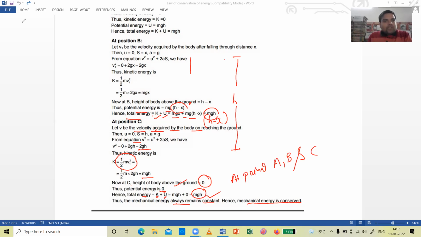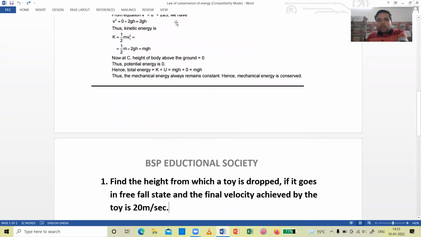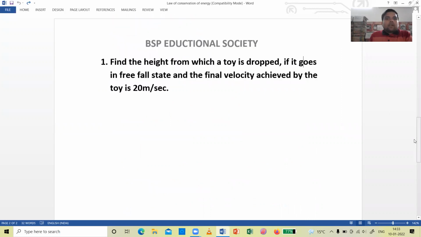Now, based on this concept, here is a numerical problem. You all will try this numerical problem.